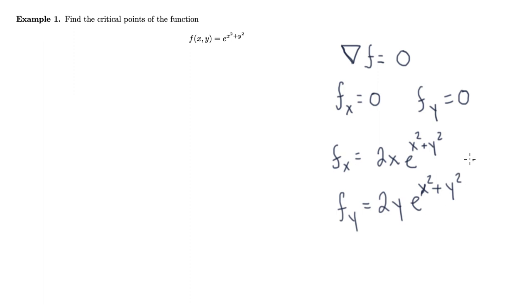Okay, so if I set these equal to 0, what is the only way that both of these are going to be 0 simultaneously? Well, this exponential is always positive. So the only way this is going to be 0 is if x is 0, and the only way this is going to be 0 is if y is 0. So the only critical point is going to be the origin, 0, 0.